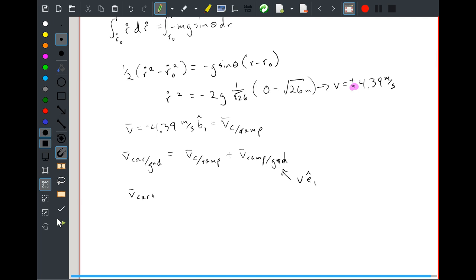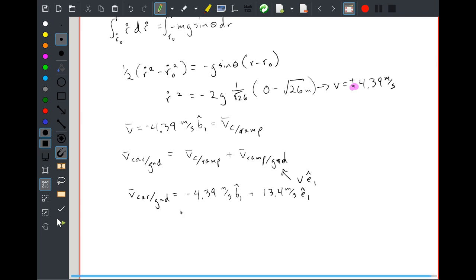So the velocity of the car with respect to the ground is, let's leave this in our coordinates, negative 4.39 meters per second B1 plus 30 miles per hour. 30 miles per hour is about 13.4 meters per second in that E1 direction.